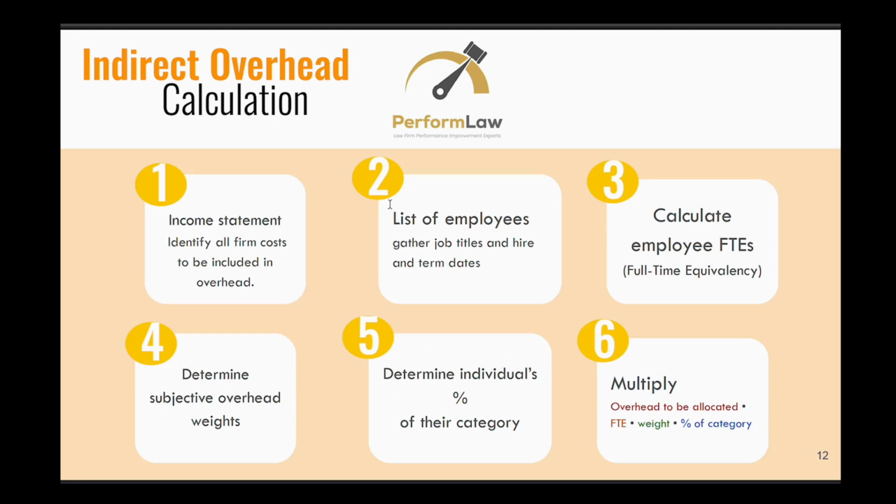So I'm going to take a moment here to talk about indirect or general overhead, because the calculation of this is an important part of your costs that go into the profit calculation. So first things first, you're going to want to gather an income statement and identify all of the firm costs that get lumped into overhead. So it's going to be costs that everybody kind of shares, costs that are not incurred by one particular attorney.